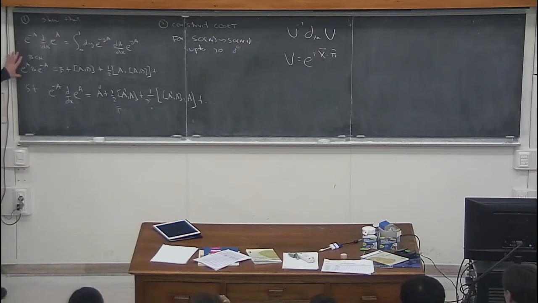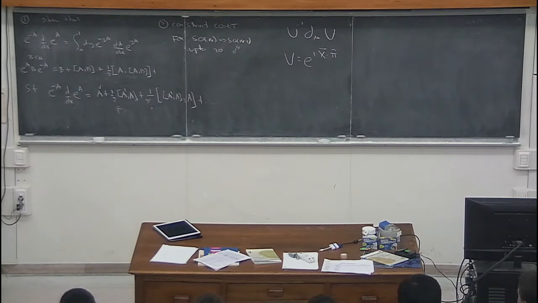Then once you have these two, this one follows sort of trivially, just by expanding the exponential and doing the integrals, right? So if you want to entertain yourself, try to prove this. It's non-trivial, and there's a trick involved.